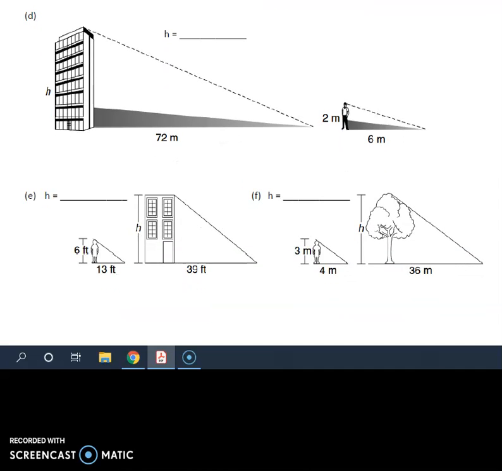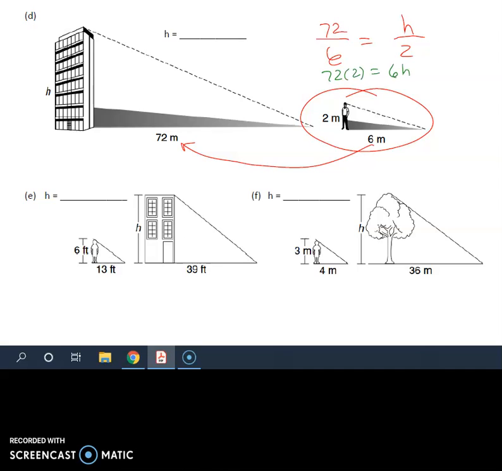Problem D, and I would probably use the person again, so I have both numbers. So the 2 gets matched up with the h because they're both heights. The 6 gets matched up with 72 because they're both shadows. So we're going to multiply 72 times 2, 6 times h.